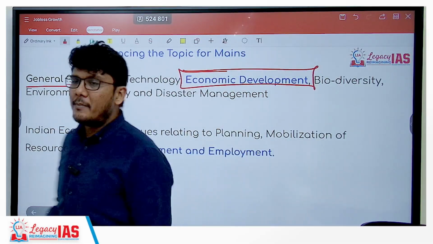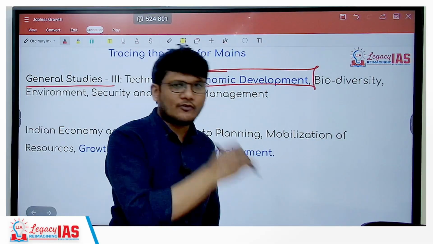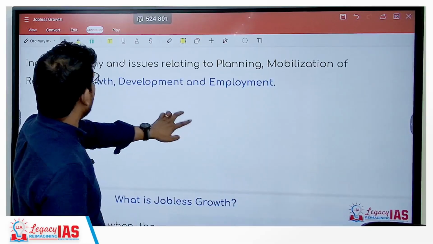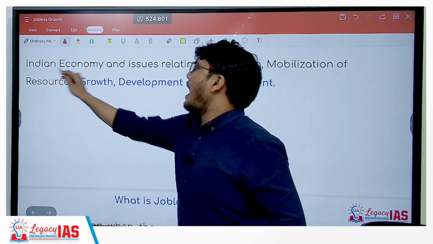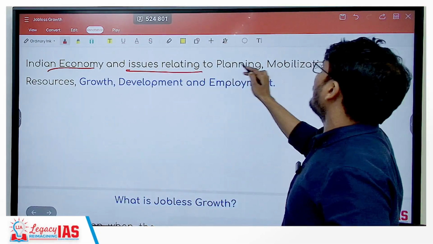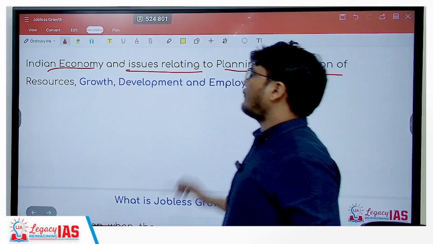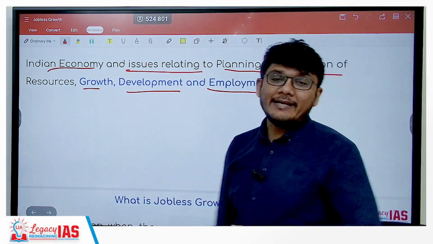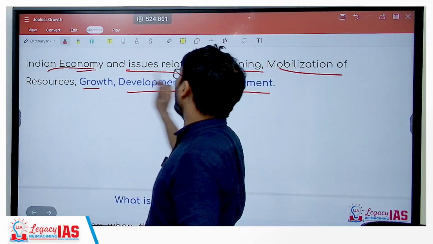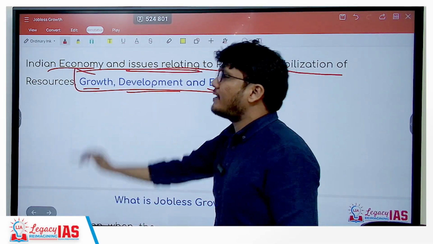Now under economic development, there are a lot of sentences of syllabus which are present. In that, there is one sentence that talks about Indian economy and issues relating to planning, mobilization of resources, growth, development, and employment. So we see that growth, development is there, plus employment is also there.